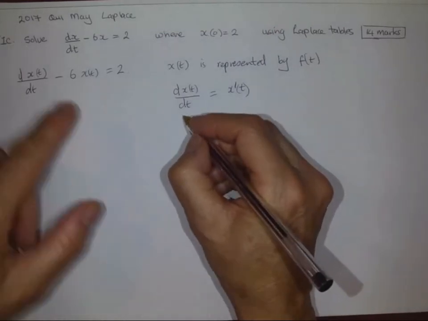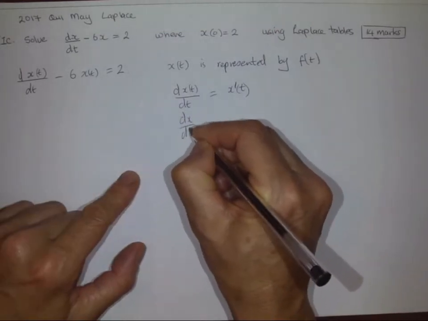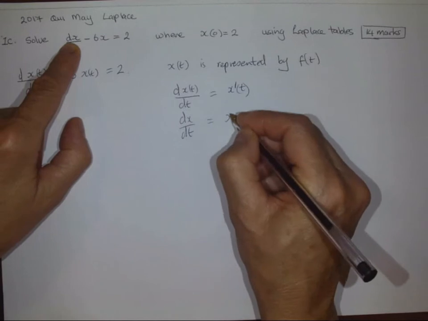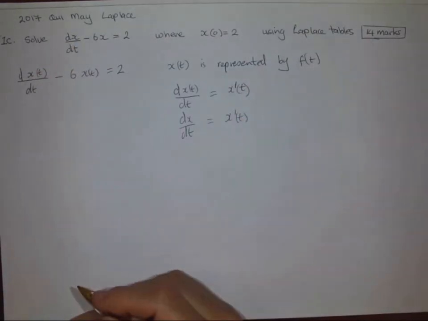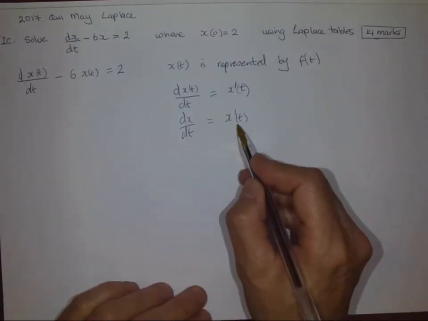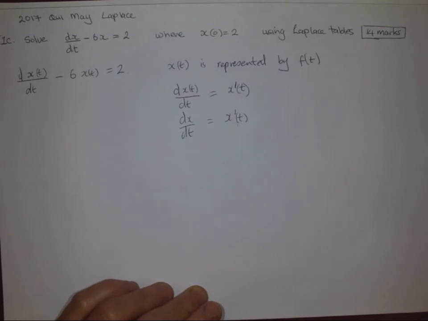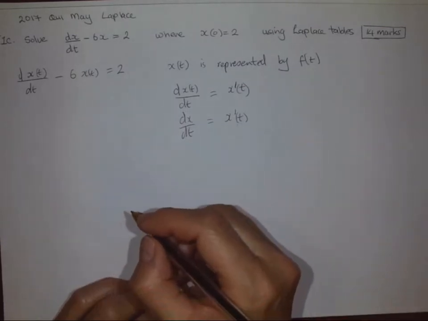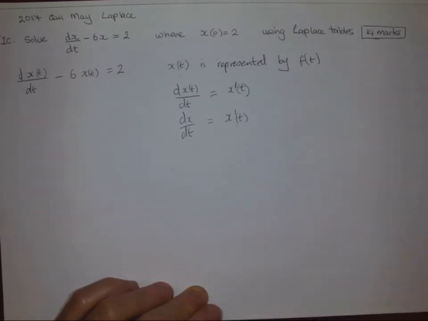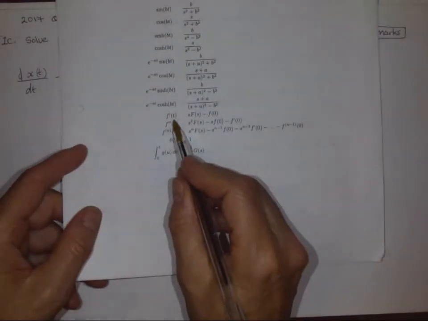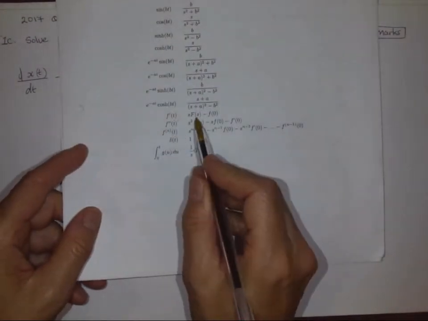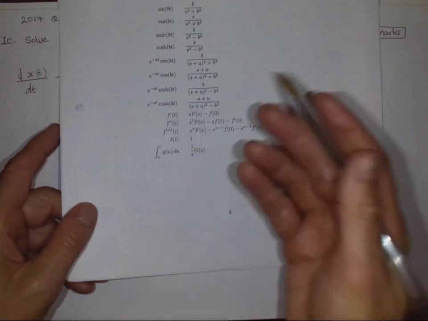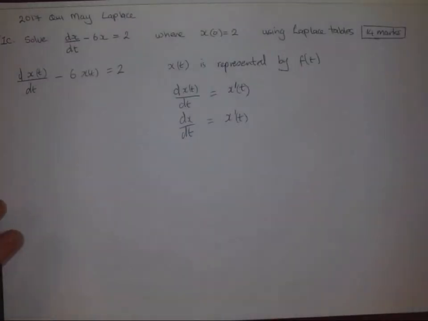And in this case, this dx dt up here is actually x dash t. Now there is no x dash t in the transform tables, but there is f dash t. So wherever we see the f dash t, we use our x dash t.